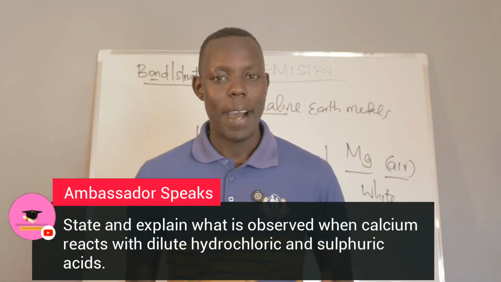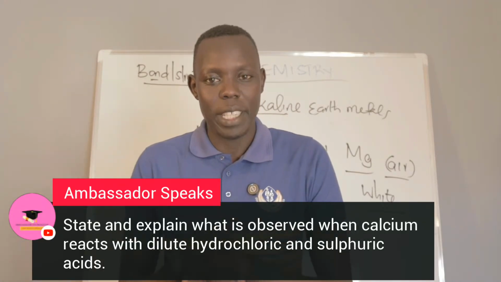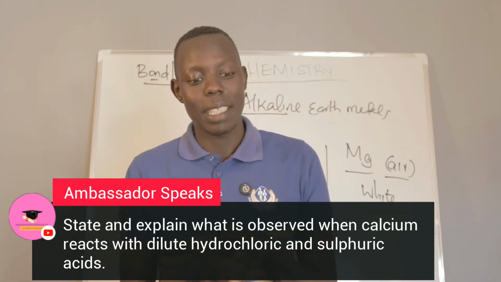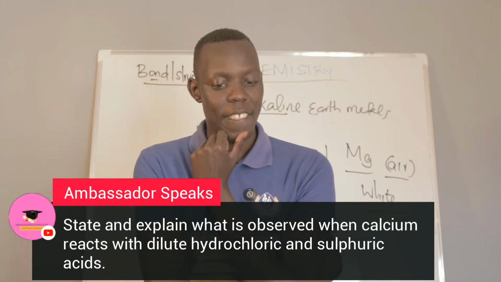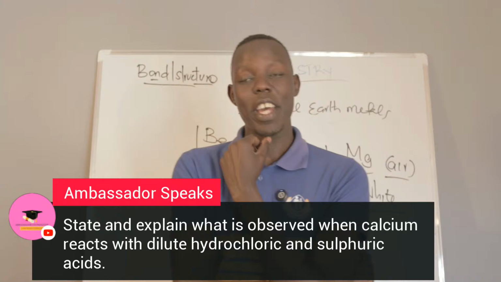In all the cases, there is production of hydrogen gas, but a large amount of hydrogen gas is produced when reacting with HCl than when reacting with sulfuric acid. The reason is this.